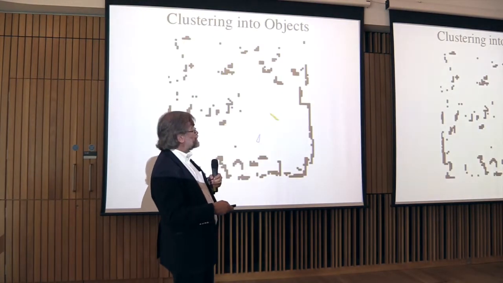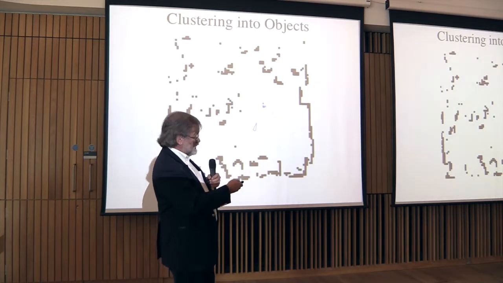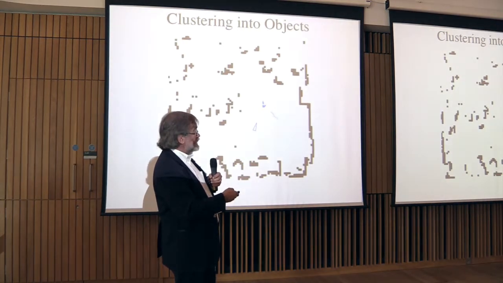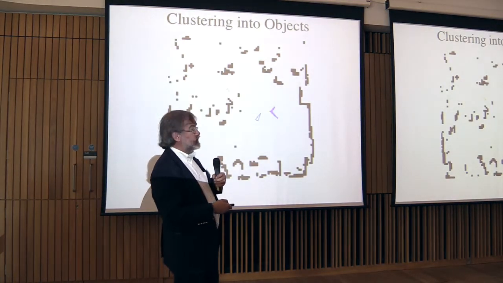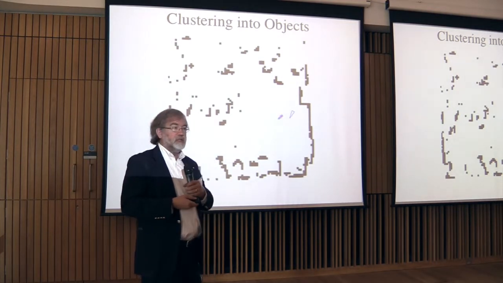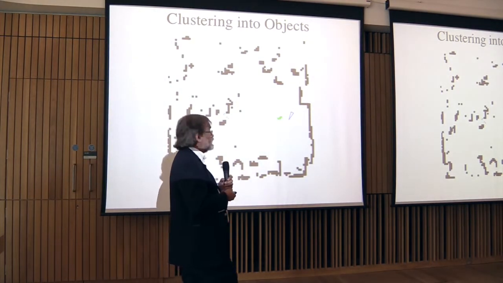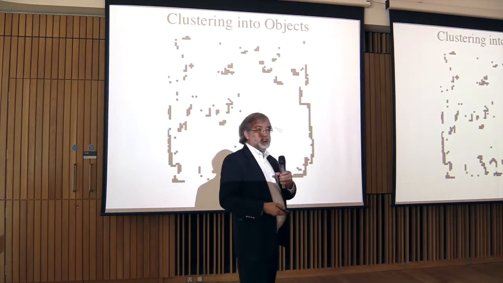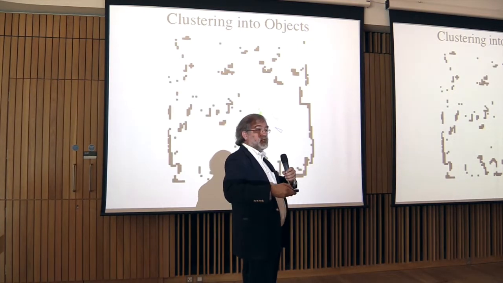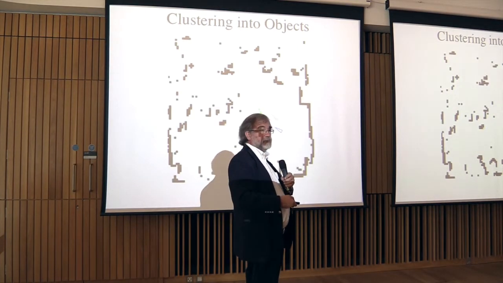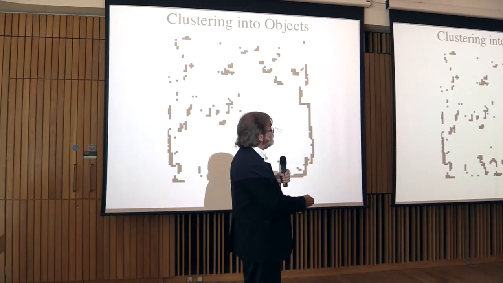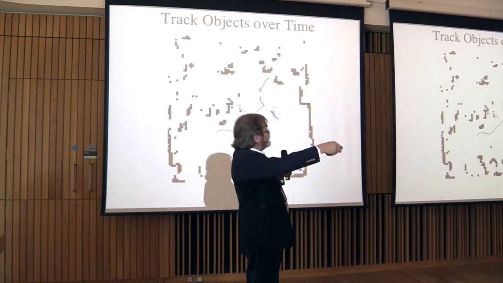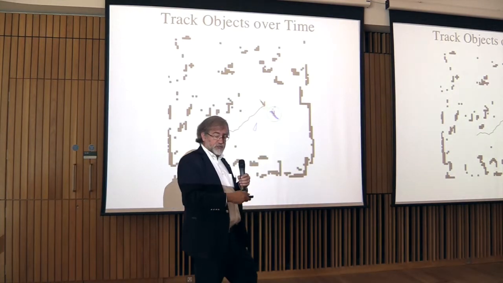So what we're going to do at this point is, this is the same data yet again. This shows the clustering into objects. They're flickering in color to demonstrate that the clustering is taking place independently at each time point. And we're now using this symbol to represent the position and orientation of the robot, which is at x sub t, the egocentric origin. So then we take those clusters and we match them over time to try to track objects.